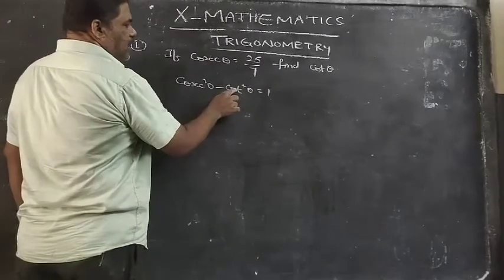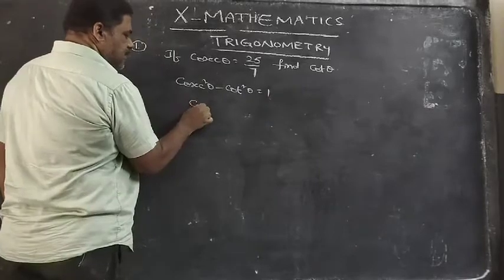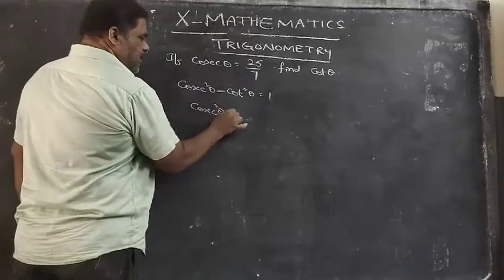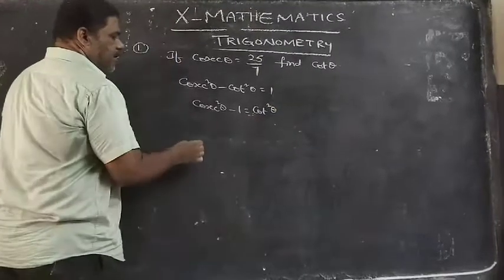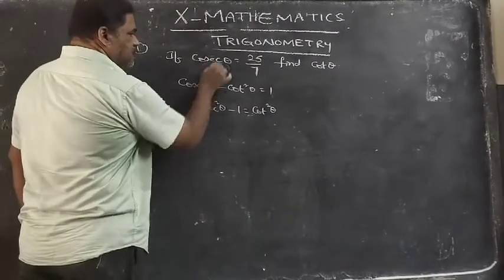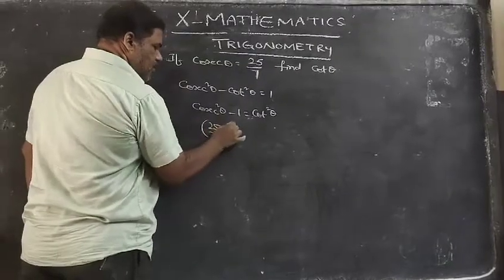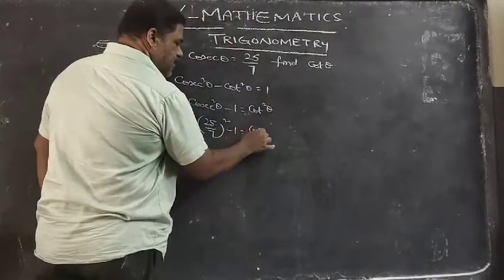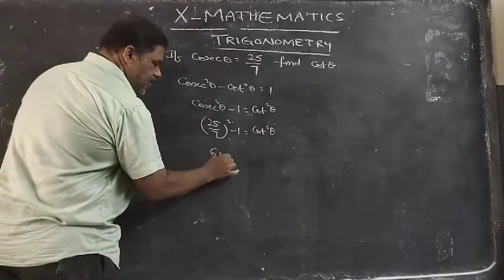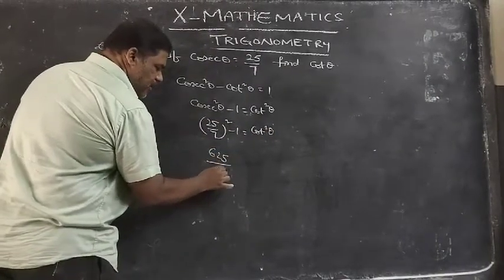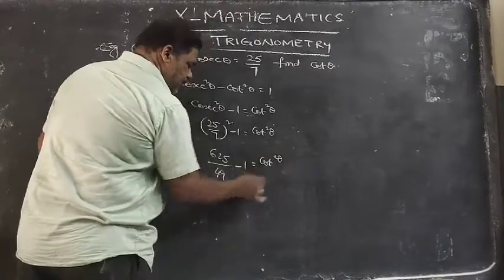So if you want cot theta, send minus cot that side and 1 this side. So cosecant square theta minus 1 is equal to cot square theta. So substitute here: cosecant theta is 25 by 7, whole square, minus 1 is cot square theta. 25 square is 625, 7 square is 49, minus 1 is cot square theta.